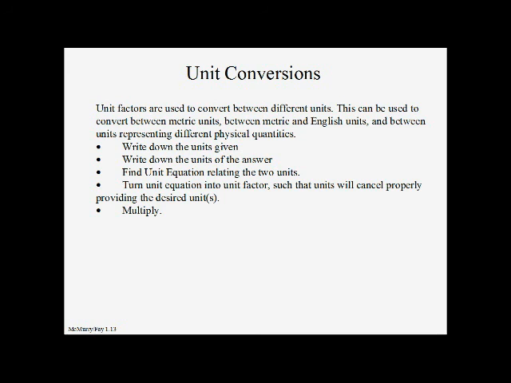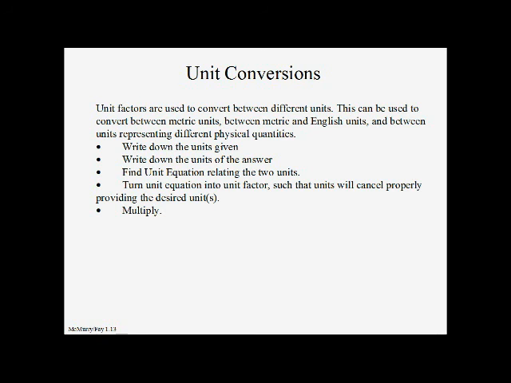Then we find ways of combining the numbers we have or pulling in other relationships, equalities, to convert what we start with into the units of the answer. If we get the units of the answer, then the math should give us the correct answer.